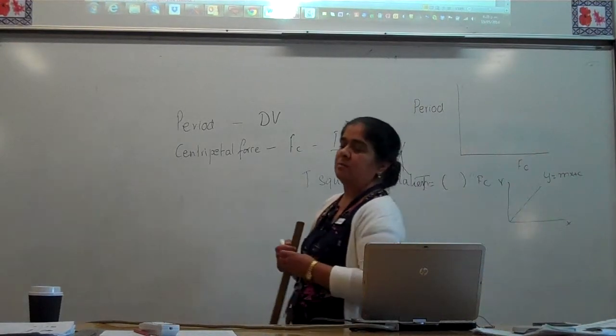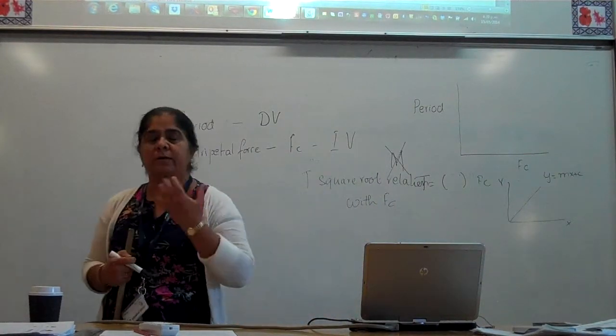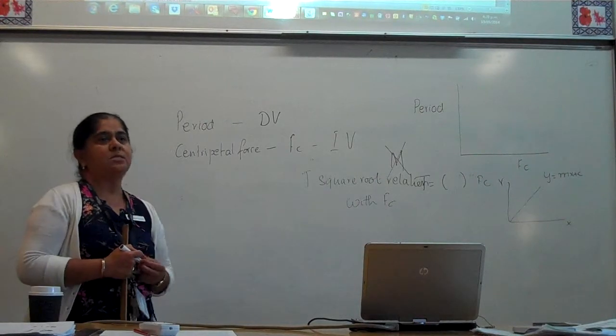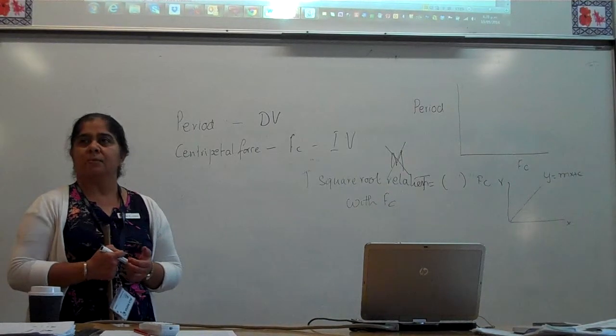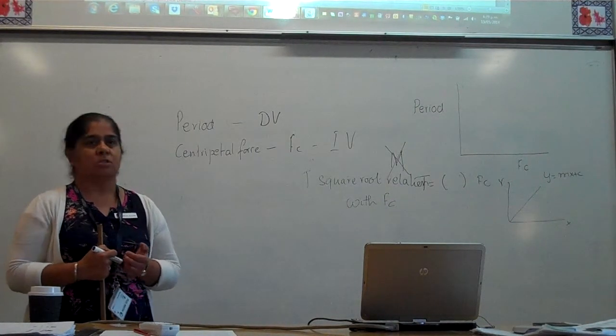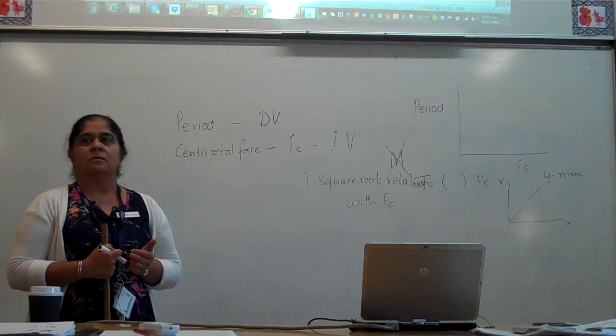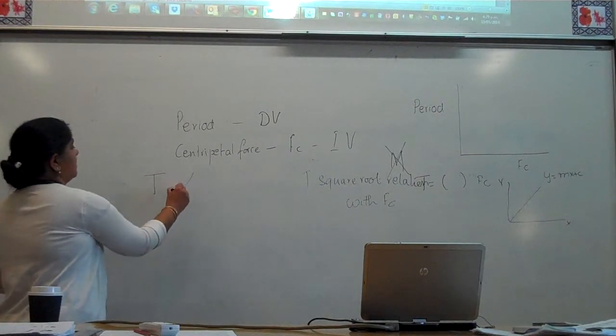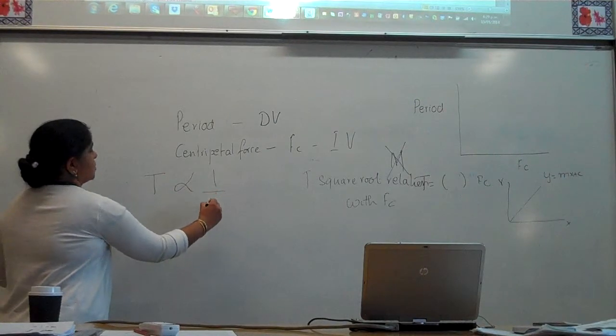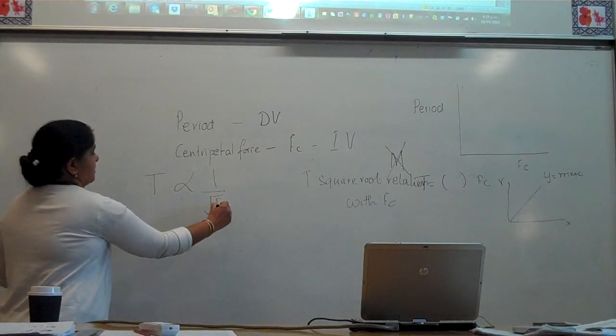The period is square root relationship with Fc. If we write that, in my conclusion, I have found the relationship between period and Fc is square root relationship. Does that make the marker happy? No, why not? It's an inverse square root relationship. If you look at it, this is how it is. Square root Fc.